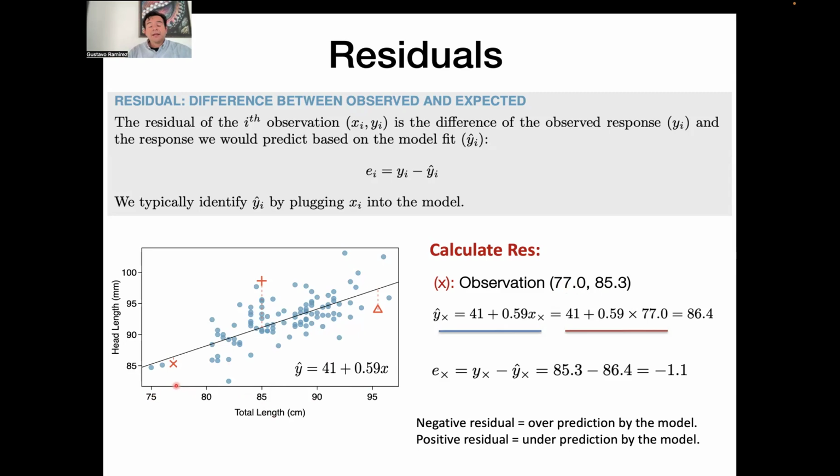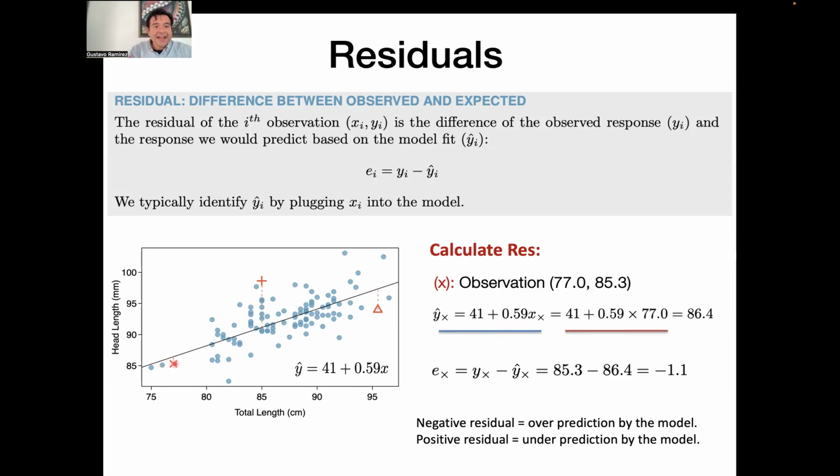We measure the body length and then we measure the head, and the measurement of the head is 85.3 centimeters. We have the animal right in front of us, we got the data. That's what that X shows right there. This is the exact animal that we're talking about right now.